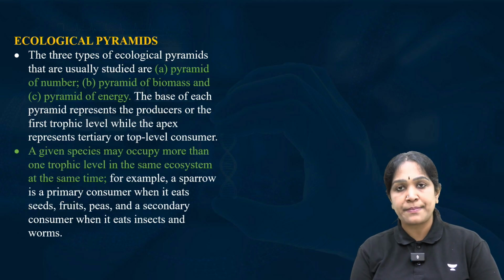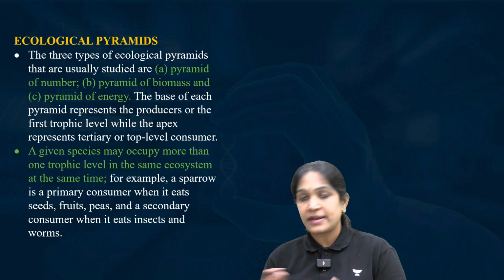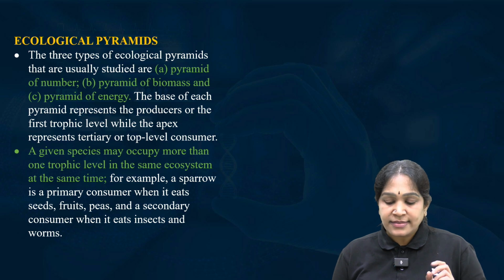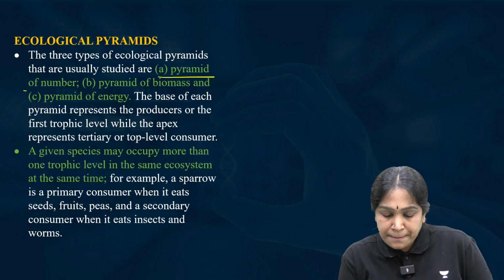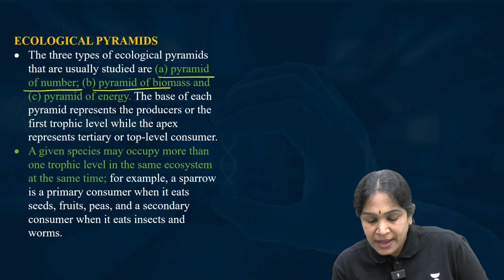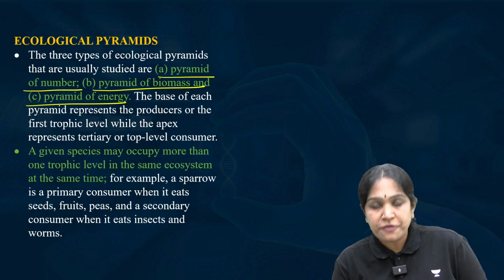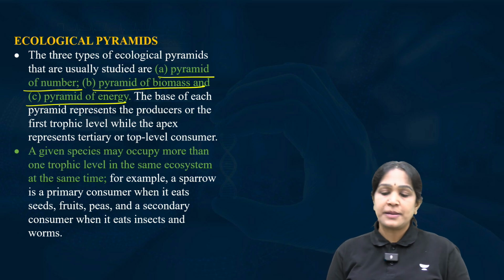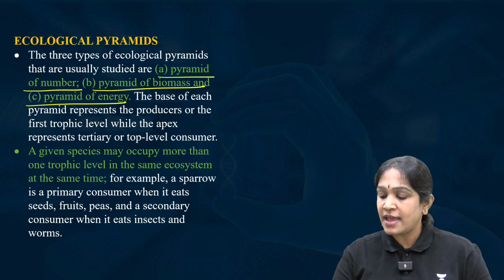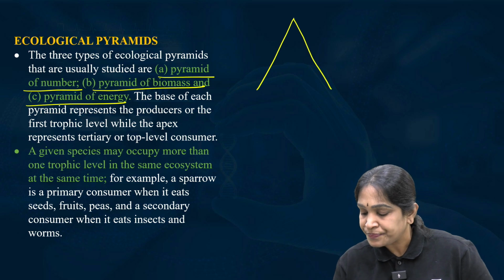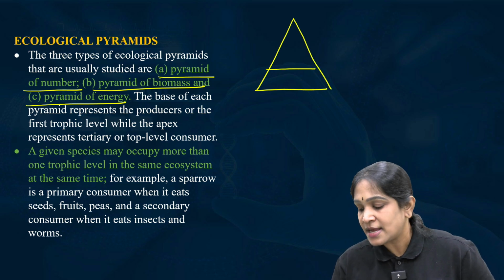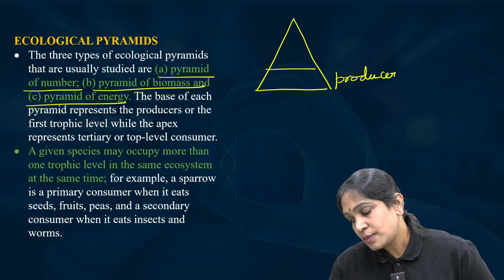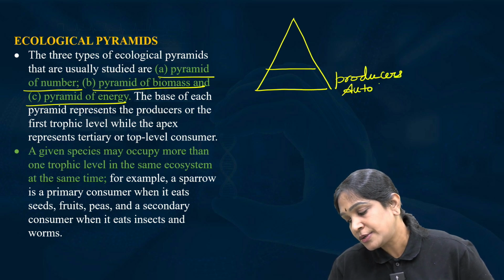Now, let us discuss ecological pyramids. Ecological pyramids are of three types: pyramid of numbers, pyramid of biomass, and pyramid of energy. But in any ecological pyramid, listen to this carefully, the bottom step is that of producers. What are producers?